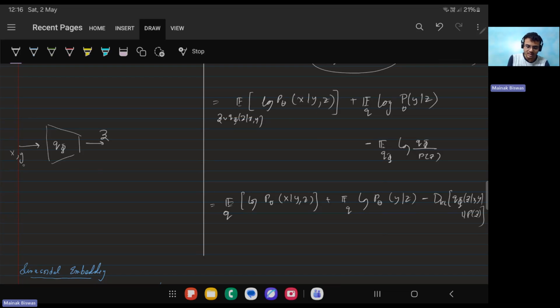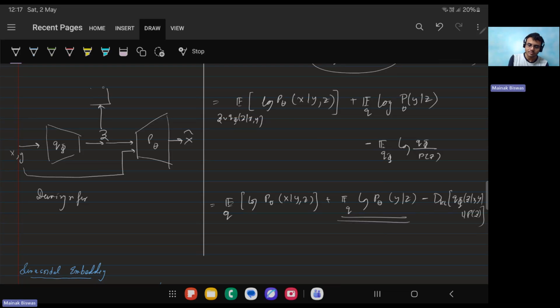Again, you pass the same y back to the decoder, and this decoder, p theta, is going to give me x hat. You can use this z to pass it through a classifier, that's where we get this term from, to predict your y hat.